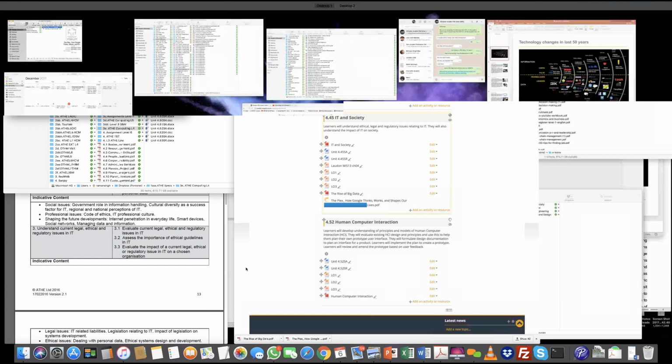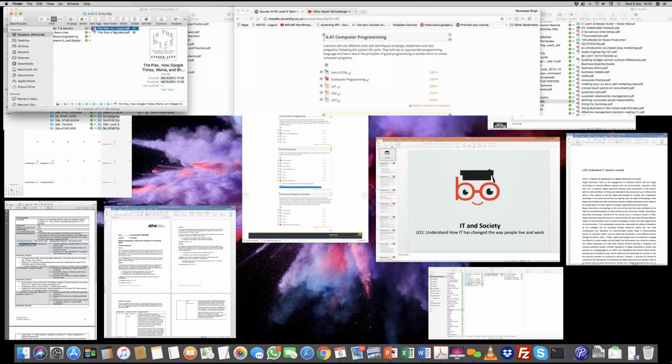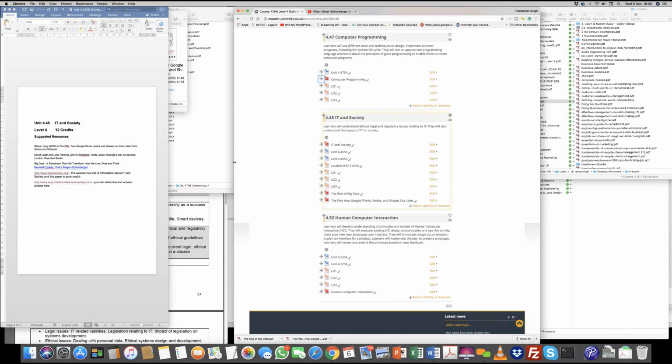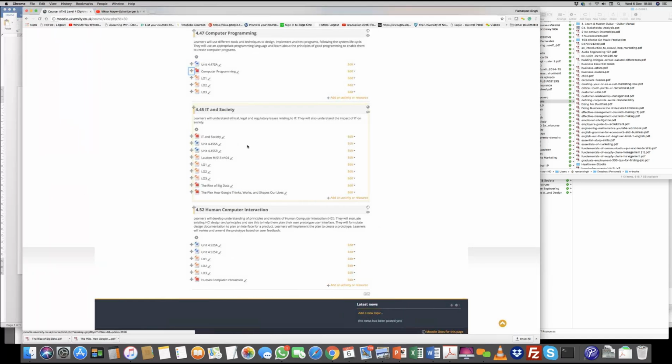Now, just to show you briefly 1 or 2 other things. If you see the course layout, I'm just going to maximize the screen so you see 1 window. In the course layout, the first file will be the unit specification file.